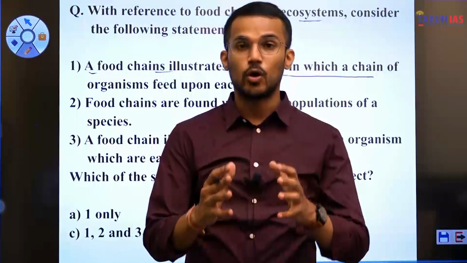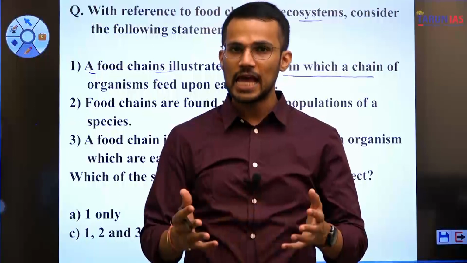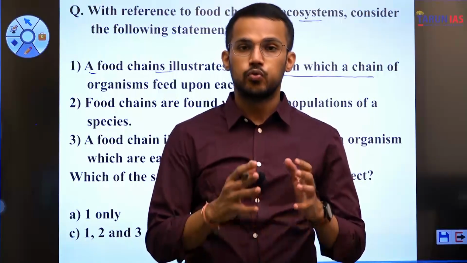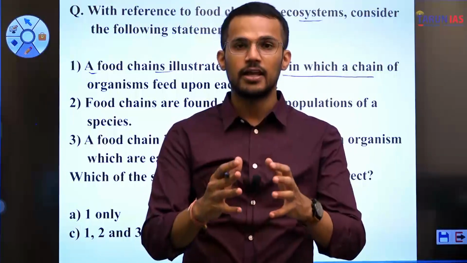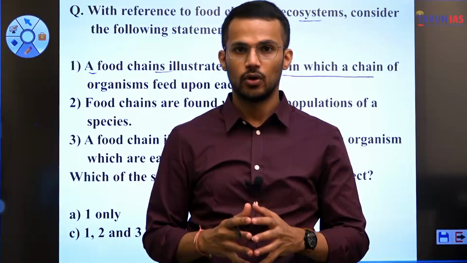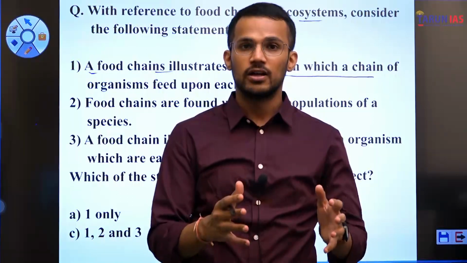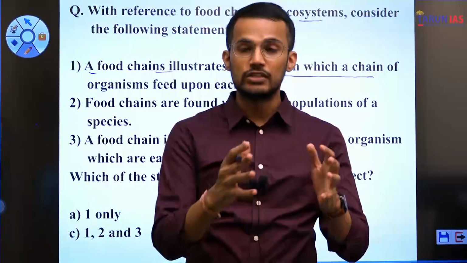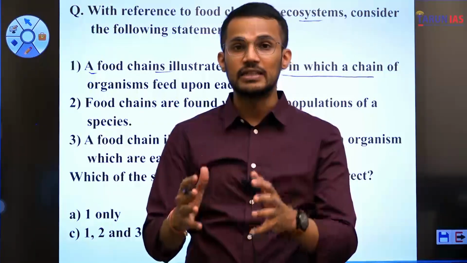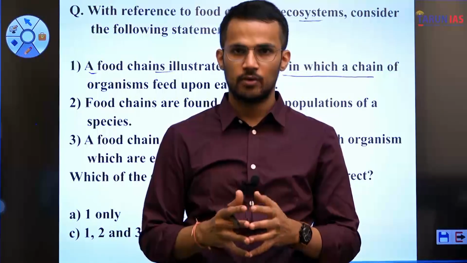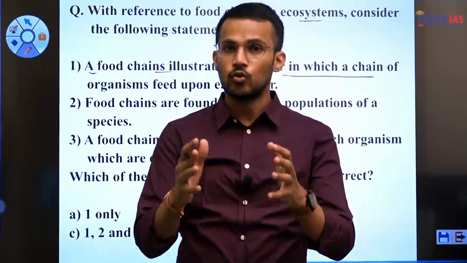This question is about food chains again, and as we have already discussed, food chains represent the feeding pattern in a particular ecosystem, or they tell us which organism is feeding upon which other organism and who is eating whom. Fine. So that is a food chain.